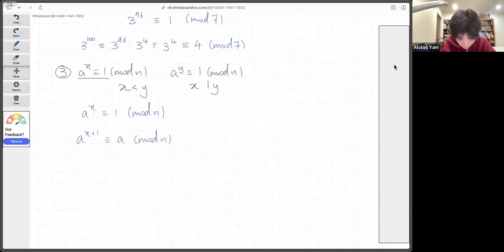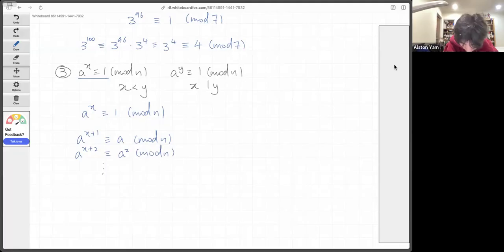Let's keep going, because we know that y is bigger than x, right? And we want to try to get the index of a up to the number y, and then we'll try to find what the remainder is. Let's keep going. a to the x plus 2 will be congruent to a to the 2 mod n.